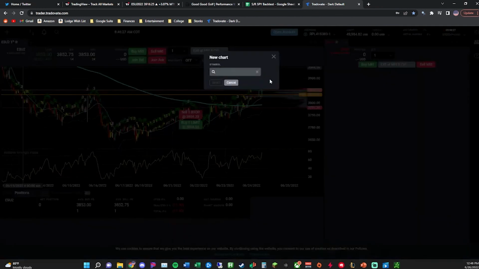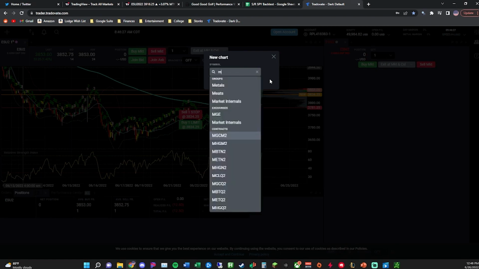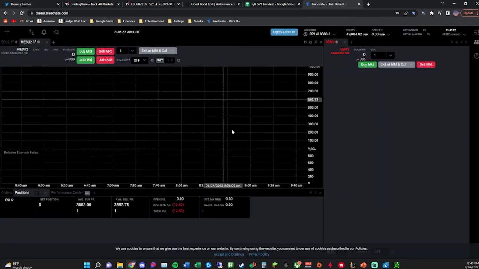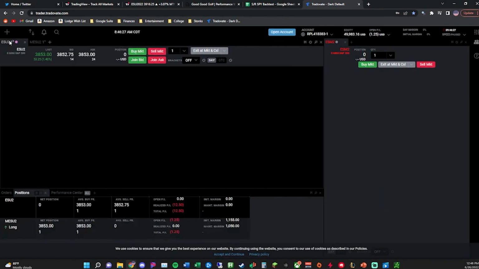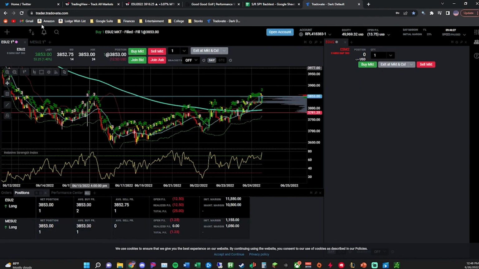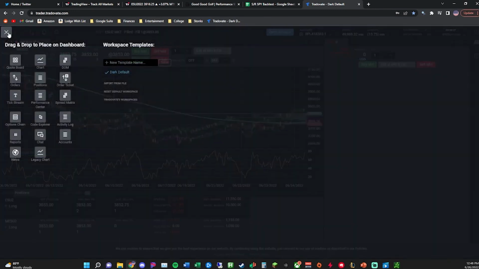And then you can also look for charts. So if you remember from last session, if I want to look up the micro, I have to type in M and then the current contract. So MES2. And then you can buy, and as you can see, it is a tenth of the price. And then they also have lots of things here if you're going to use their platform.